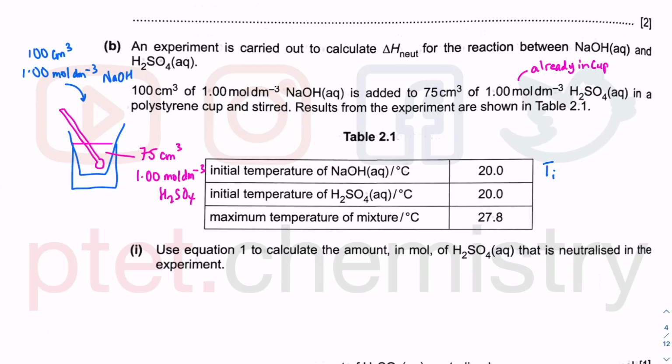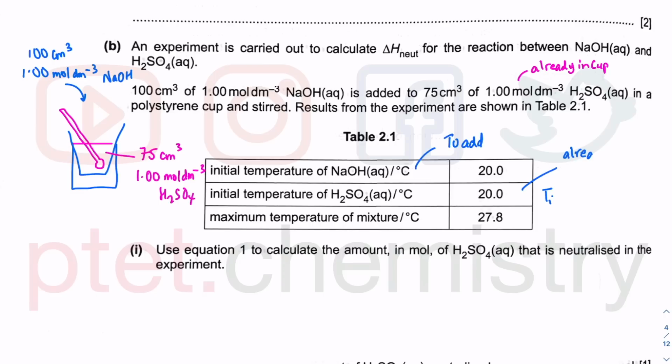Our thermometer would have been in the cup. So the initial temperature would have been the initial temperature of the sulfuric acid, and it really wouldn't matter what the initial temperature of the NaOH is, because this is to add, whereas this is already in the cup.